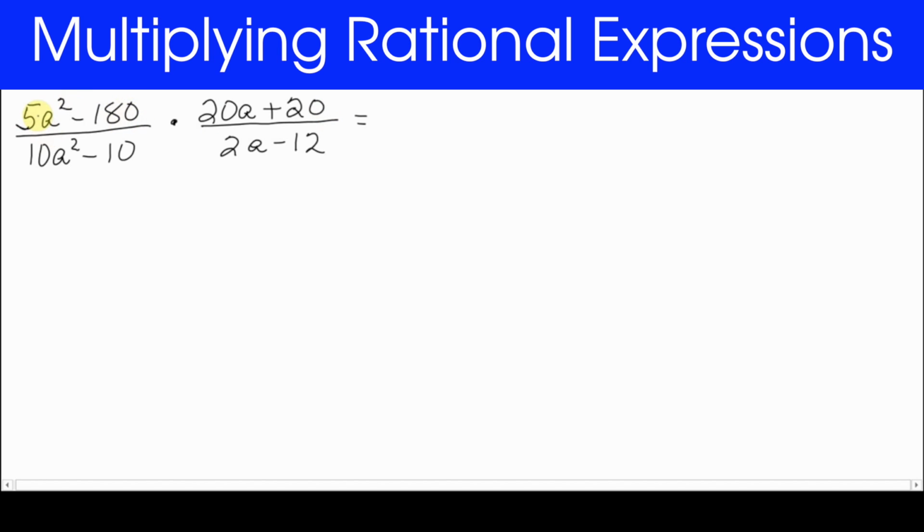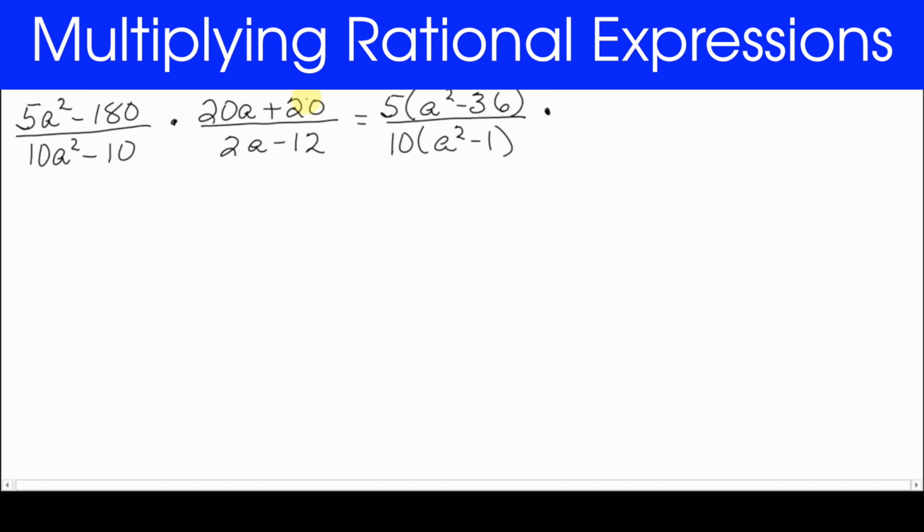So let's look at the 5a squared minus 180. I can factor out a GCF, or greatest common factor, of 5. And I'm left with a squared minus 36 in the numerator. 10a squared minus 10, that denominator, I can factor out a GCF of 10, and I'm left with a squared minus 1.